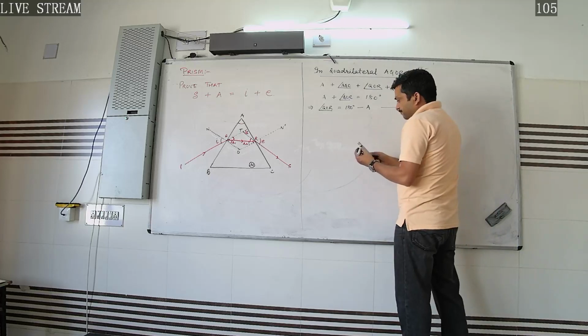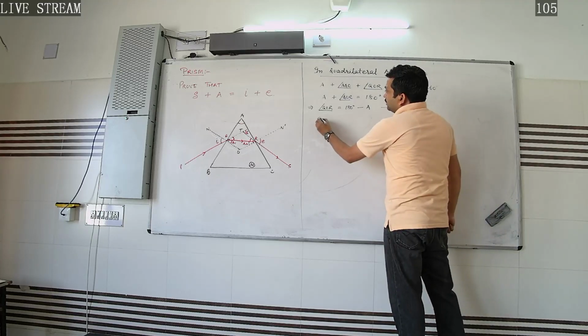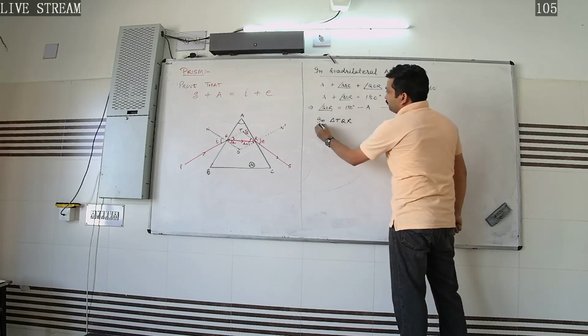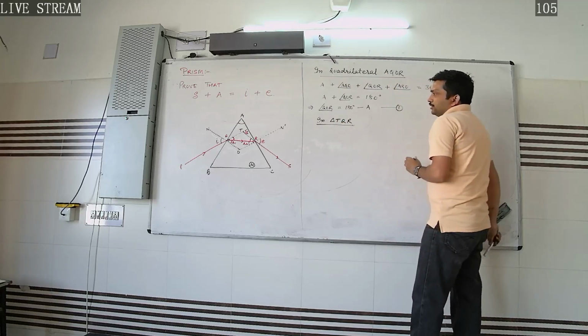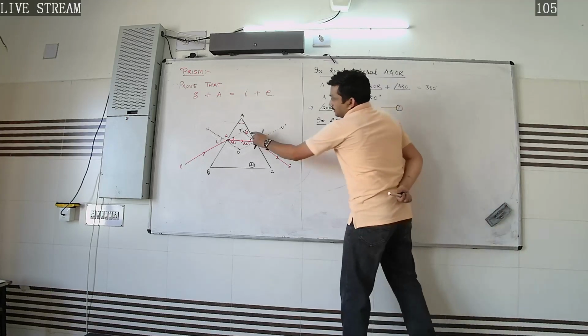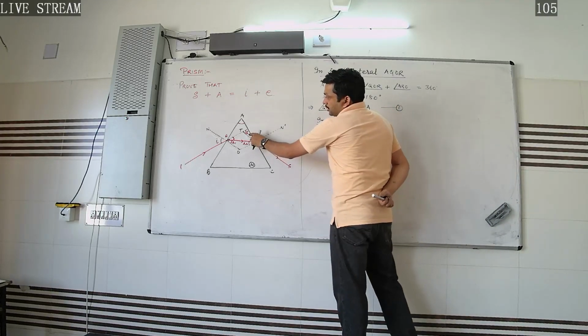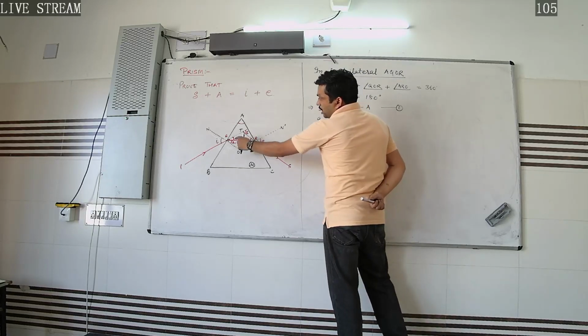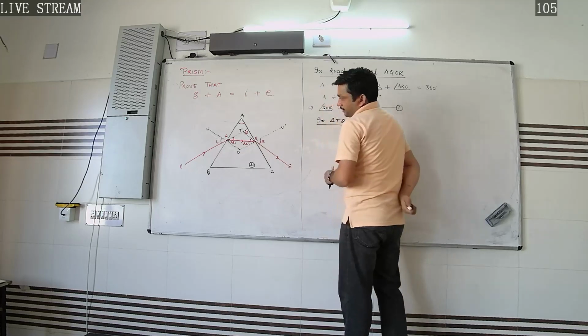Let's move to step number 2, that is in triangle TQR. In triangle TQR we have the exterior angle delta, that is the angle of deviation, and it must be equal to the sum of two interior opposite angles.